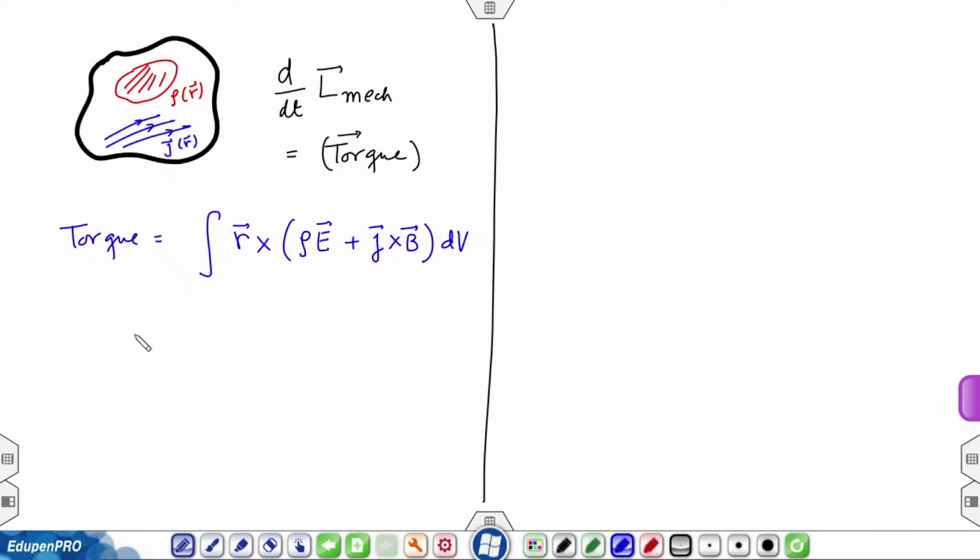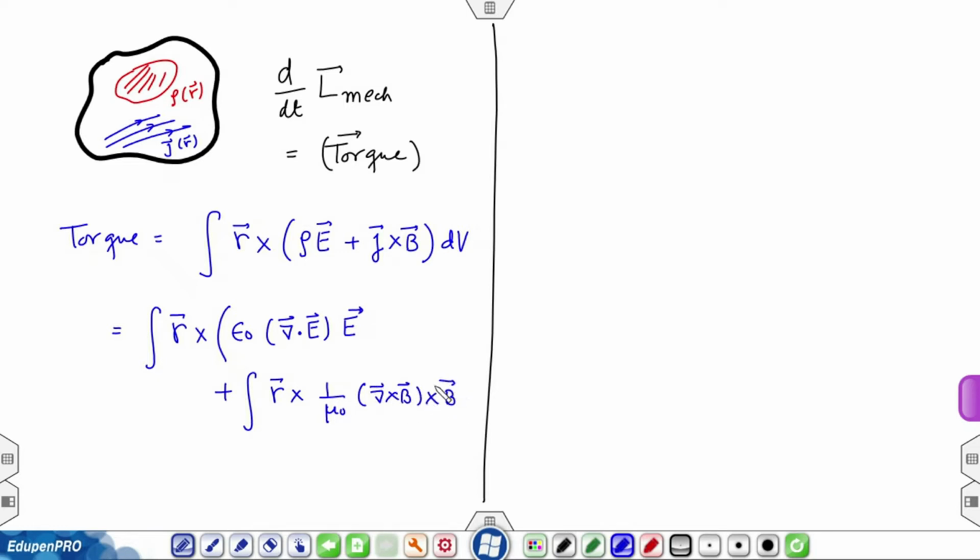Let us open this up, and like we did earlier, I am going to get integral r cross rho, which is epsilon 0 divergence of E, plus r cross 1 over mu 0 curl of B cross B, and then I had minus integral r cross epsilon 0 dE/dt cross B. So, all I have now is this extra r, so let me just encircle this extra r.